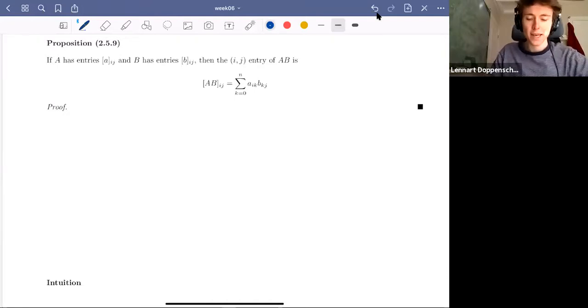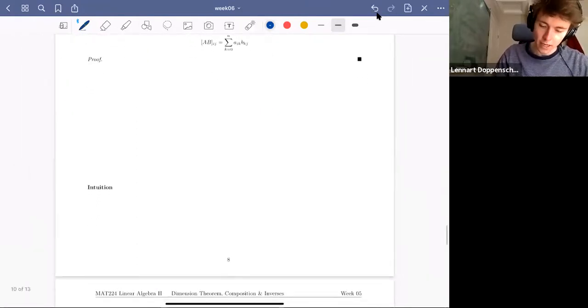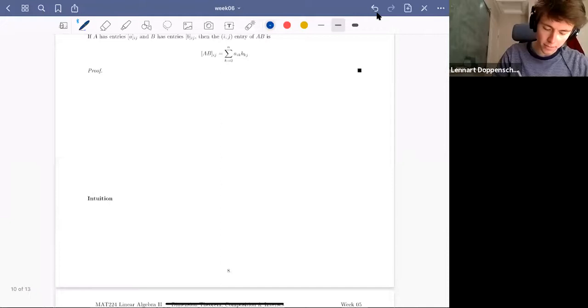So what I'm saying is that if you have two matrices, and I'm going to draw the picture, this is the matrix A, with entries A11, A12, and so on, A21.